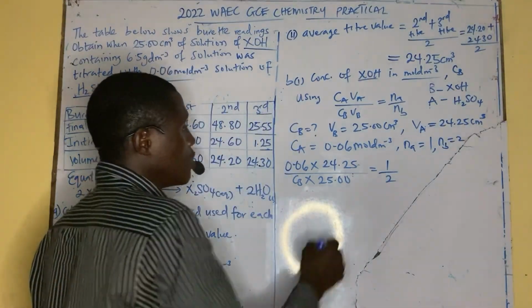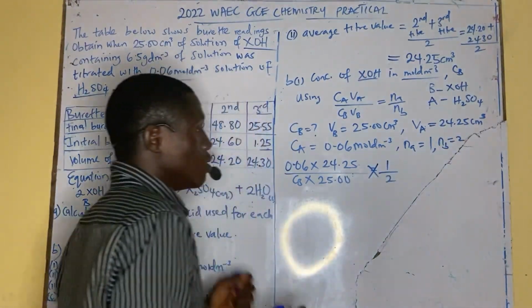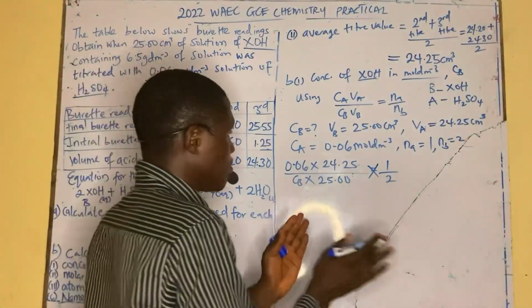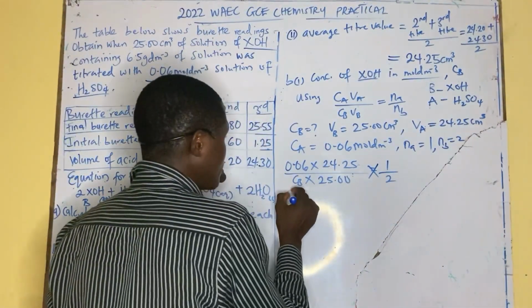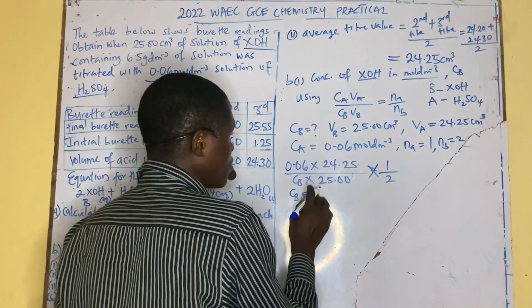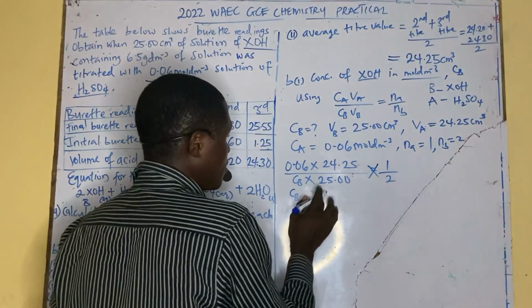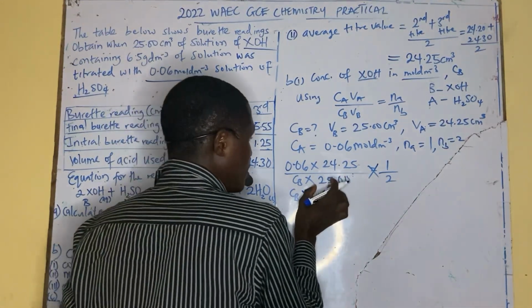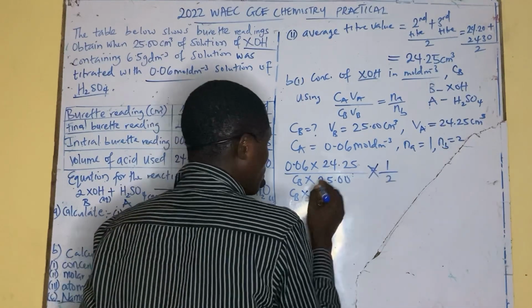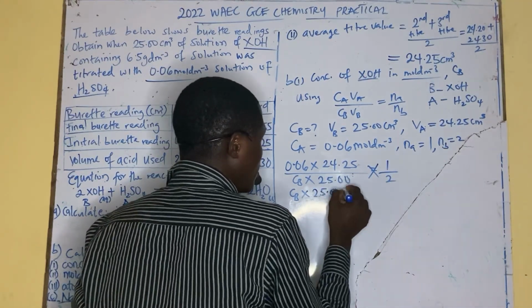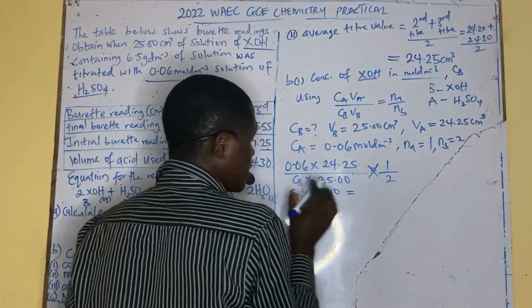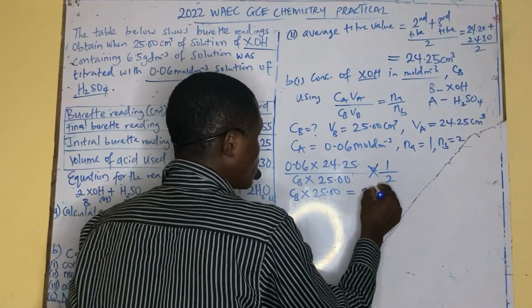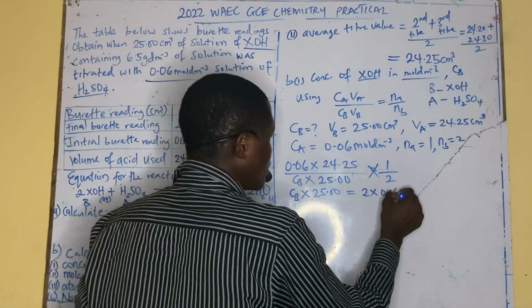So with this, we can cross multiply. When you cross multiply, you have CB times 25.00 times 1, which is the same thing as 25.00 CB, and also 2 times 0.06 multiplied by 24.25.